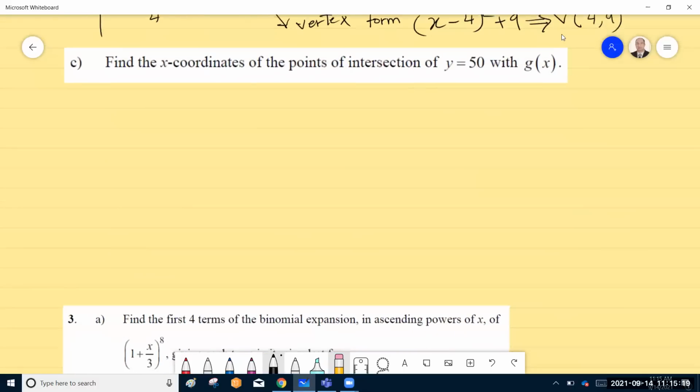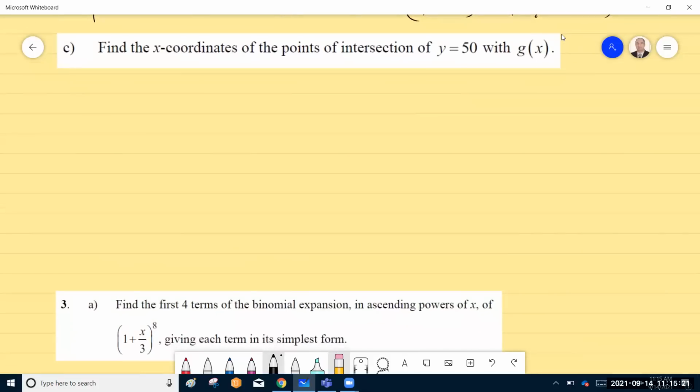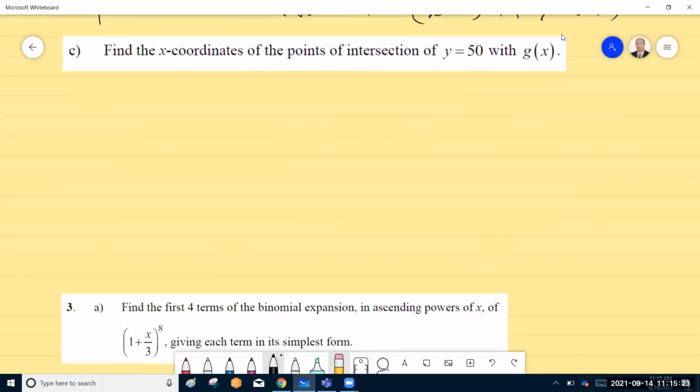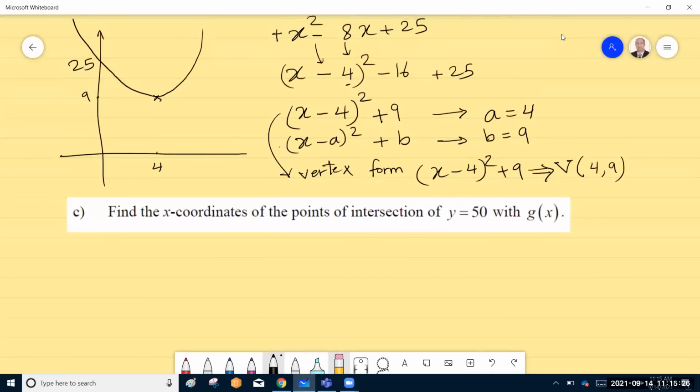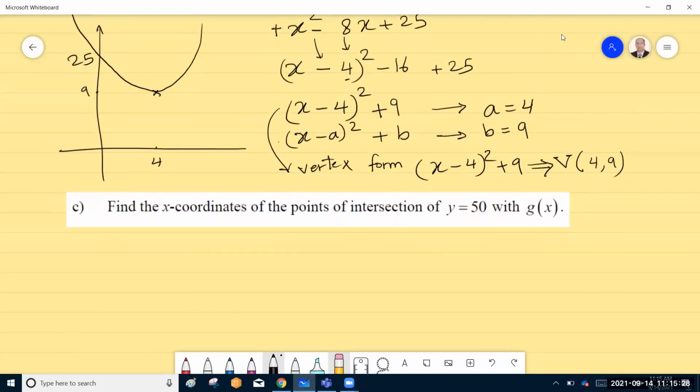Part C: find the x-coordinates of the points of intersection of y equals 50 with g of x. G of x in the completed square form that we solved is (x minus 4) all squared plus 9. You just make it equal to 50. So (x minus 4) all squared, by subtracting 9 from each side, equals 41.